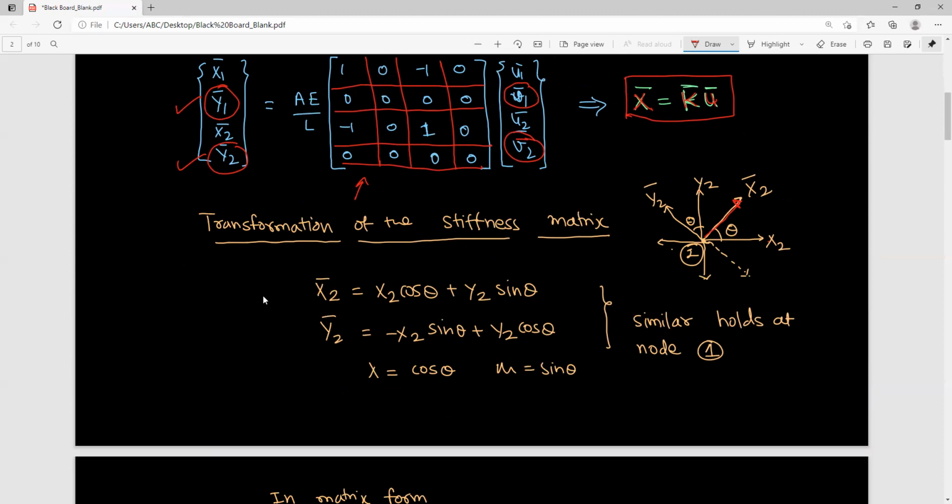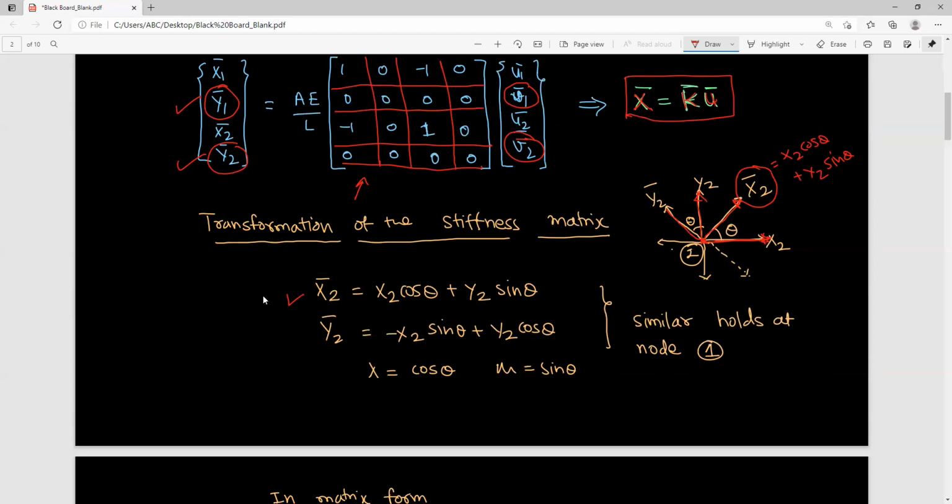So this component x2 bar can be written as one component, x2 cos theta, of this vector, and another component of this vector, that is plus y2 sin theta. So you may see here the components. Similarly, y2 bar can be written.